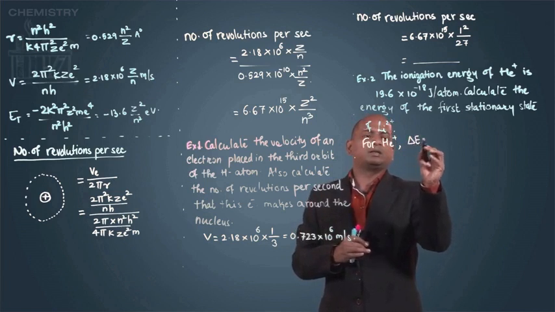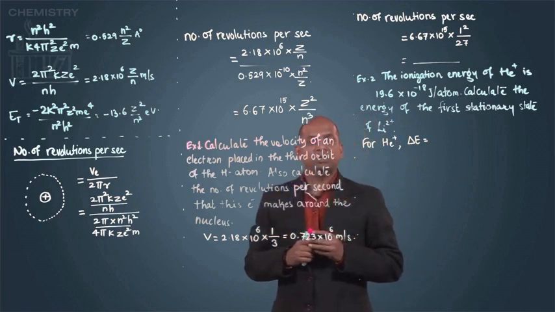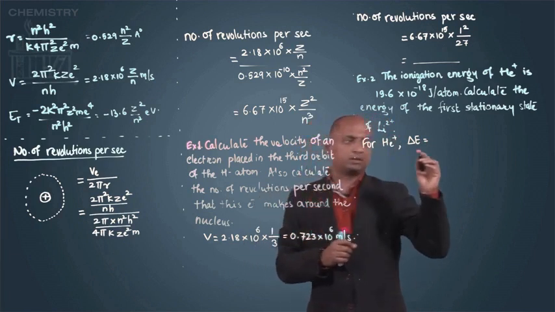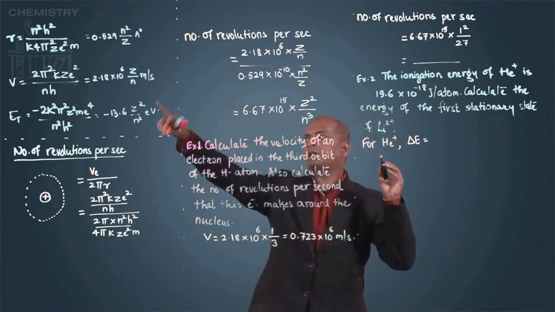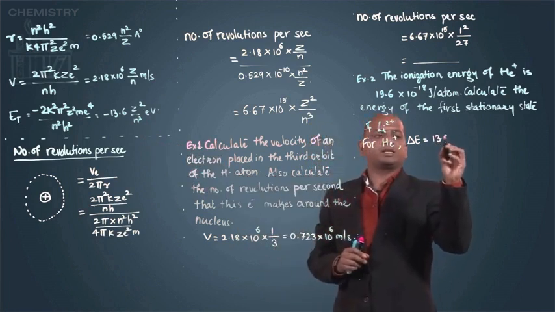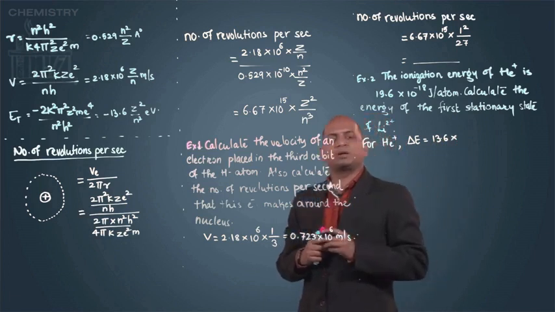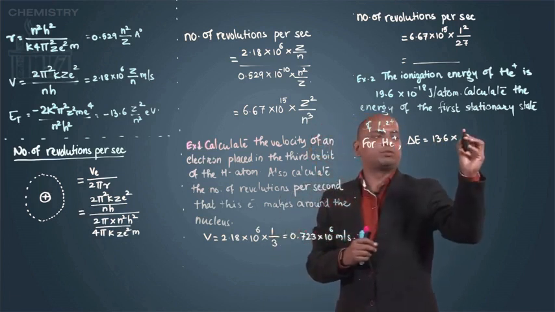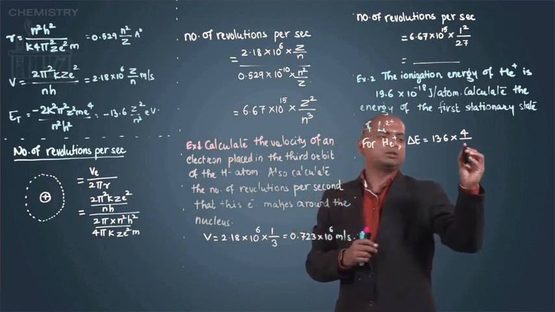So I will write in a systematic way. Delta E is equal to E2 minus E1. E2 becomes 0 because that is for infinity, so minus minus plus. So what are we writing? 13.6, in the same way, energy, right? 13.6 multiplied by Z squared, the atomic number of helium is 2, so it becomes 4, divided by the first shell, so 1 squared, so 1.